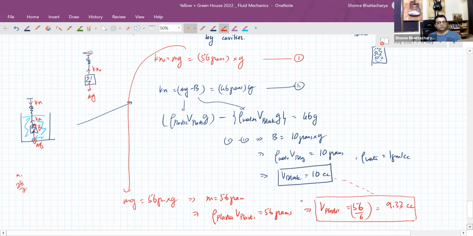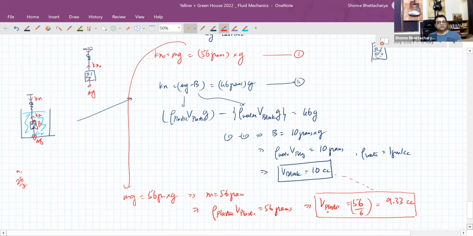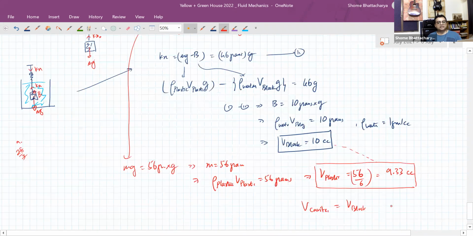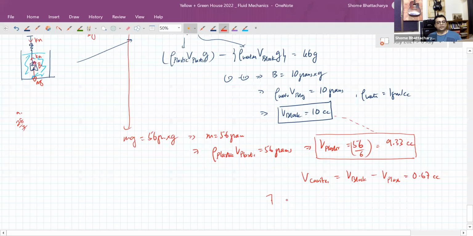So you can see that the volume of the cavities is the volume of the block minus the actual amount of plastic in volume which is present. So that is about 0.67 cc. So the fraction of the total volume of the block which is the volume of the cavities is 0.067, or you can say it is 6.7%.